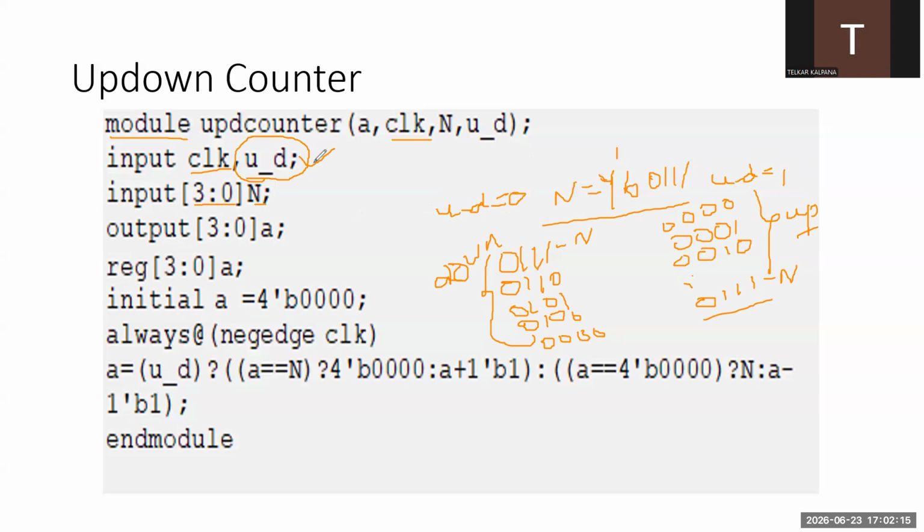So this is the control signal which says whether the counting is up count or down count, and A is the final output. As N is defined as 4-bit data, the output is also 4-bit data. This output is represented as a register since it is written in the behavioral model, because we are going to see the initial statement and always statement.